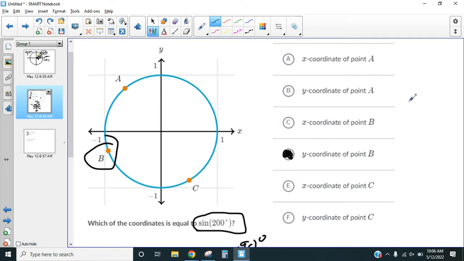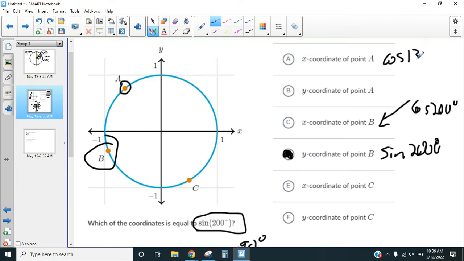What would the x coordinate of point B be equal to? Yeah, this is the sine of 200. Nope, not 2,000, 200. This would be the cosine of 200. Point A, this would be the cosine of whatever angle that is, maybe like 135 because it's the x coordinate.